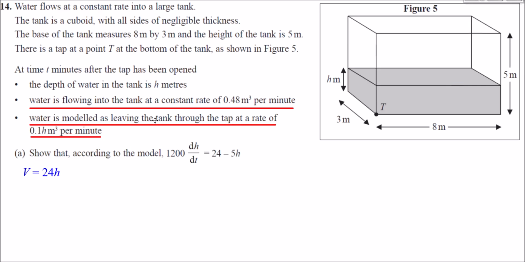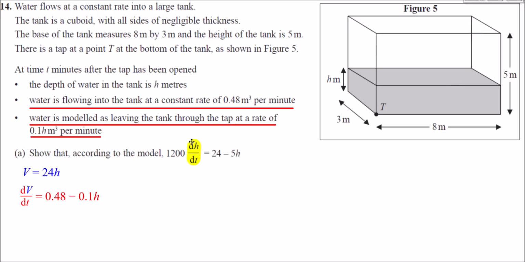But also, because it's losing water here, this part of dv by dt would be minus 0.1h because the water is being drained from the tap at that rate per minute. So putting these two pieces in red together, we can work out what dv by dt is. Essentially, dv by dt must be 0.48 minus 0.1h. That's the rate per minute of water going in, and this is a rate per minute of water being lost through the tap.